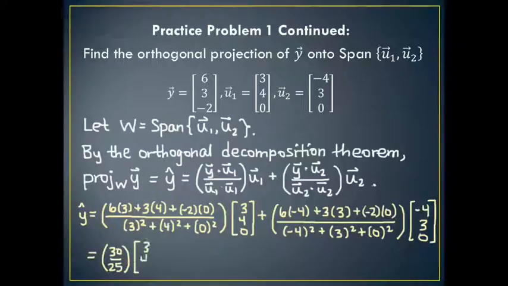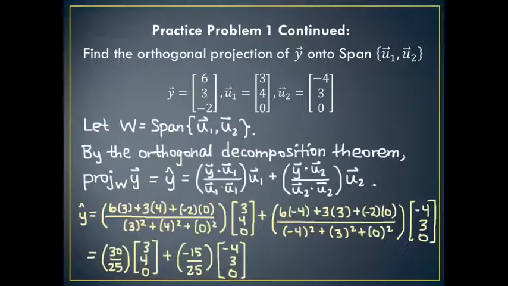And if we simplify that, we get 30 over 25 times the vector u1 plus negative 15 over 25 times the vector u2. And of course, always simplify your fractions when you're doing this. I left it in the form of what you would get if you just did the calculation of the line above.